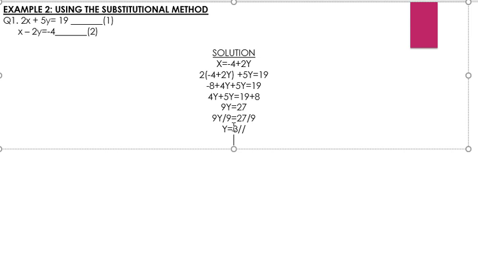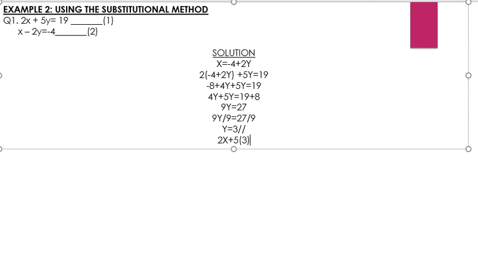Now that we have the value of y, you can put y in any of these equations. You can also go with the shortcut by putting y in this equation, and I guarantee that you still get the same answer. So let's put y in equation 1. Equation 1 gives us 2x plus 5 times our y, which happens to be 3.